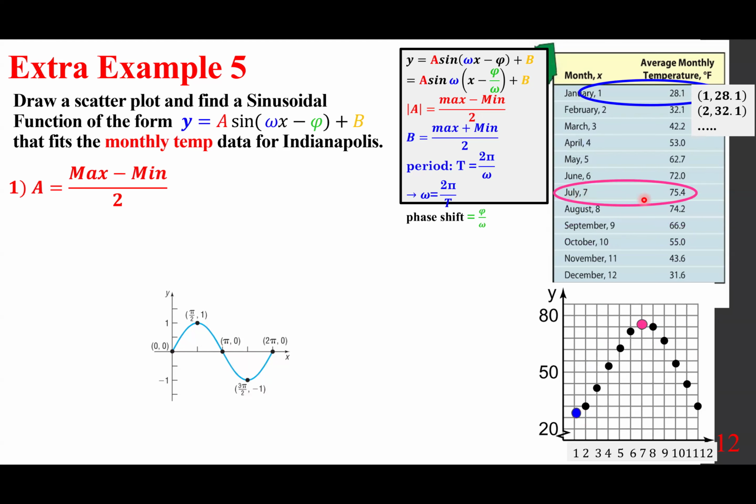Maximum happens in July, which is 75.4 degrees. Minimum happens in January, which is 28.1 degrees. Subtract them from each other and divide by 2. And 47.3 divided by 2 is 23.65.